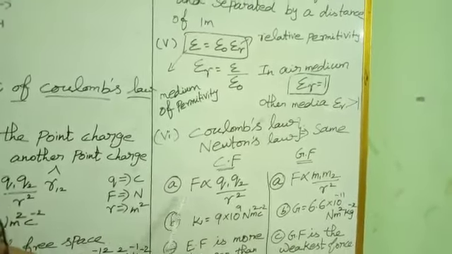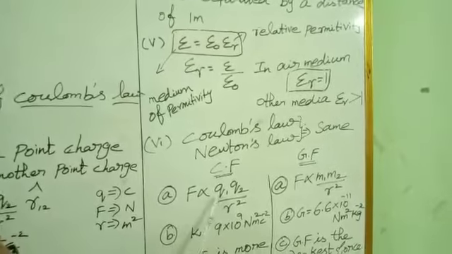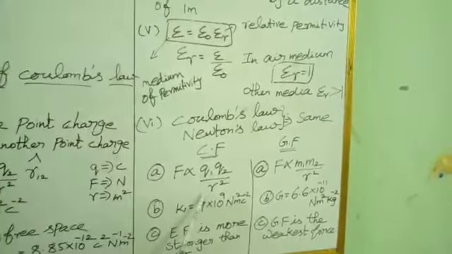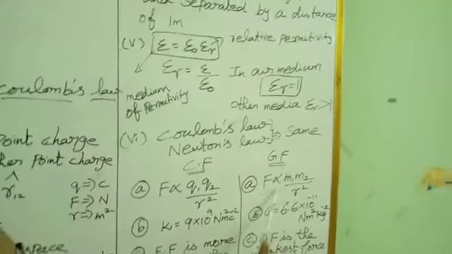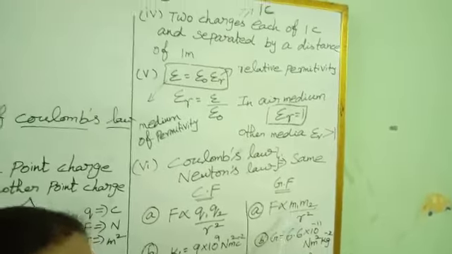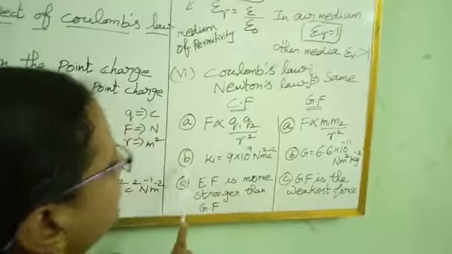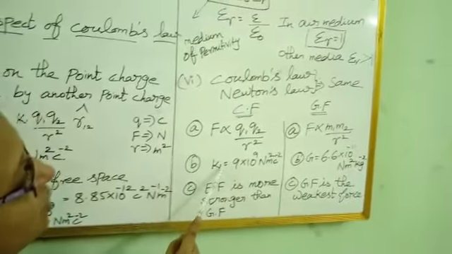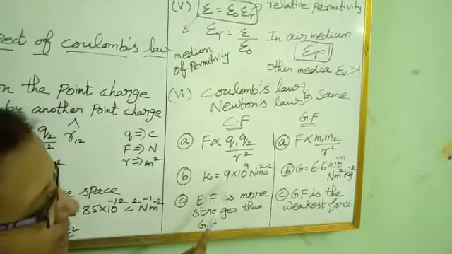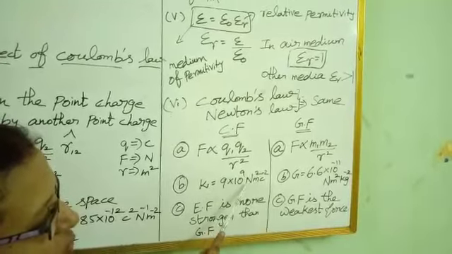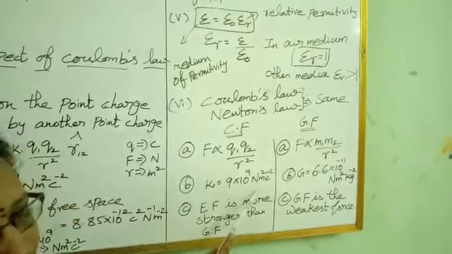See this difference. F is directly proportional to Q1 Q2 by R squared. Here F is directly proportional to M1 M2 by R squared. See these formulas. Second, here is the constant value. K equal to 9 into 10 to the power of 9 Newton meter squared Coulomb power minus 2.